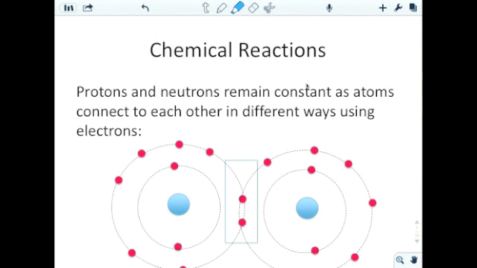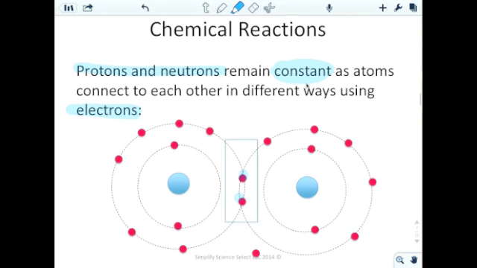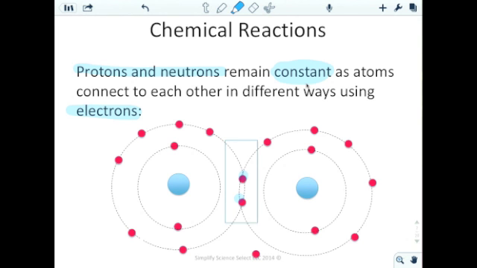Now, we've talked about chemical reactions before, in chemistry. Chemical reactions are when the protons and neutrons remain constant, as the atoms connect to each other in different ways using the electrons. The electrons used in chemical reactions are valence electrons, and they interact, switch, and transfer from one atom to another.